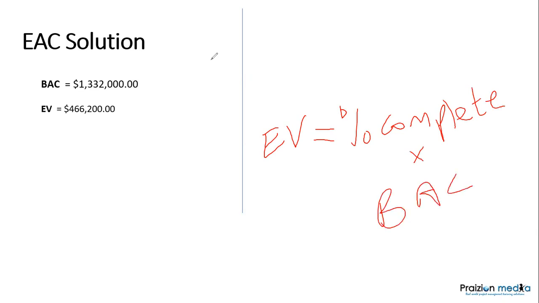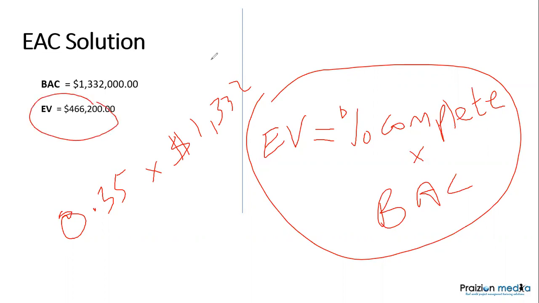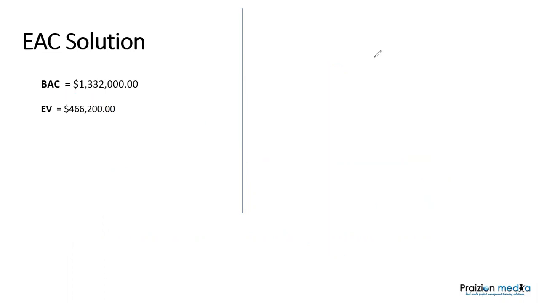And this tells you the entire earned value across the entire project. So here we just did 0.35 times the budget at completion. That number. Okay, so that's what we did. And that's what gave the earned value to be that.